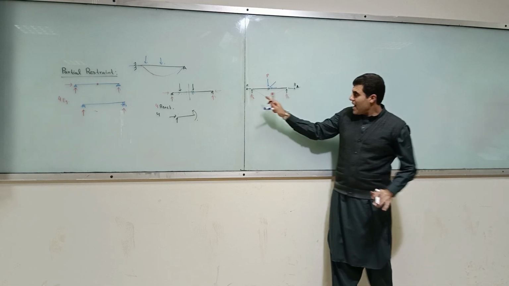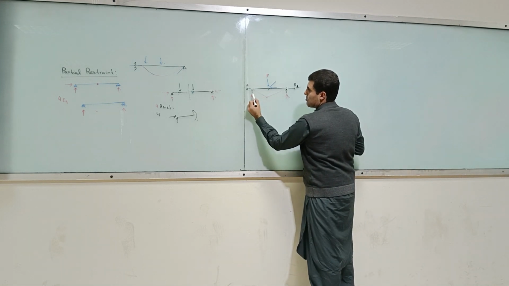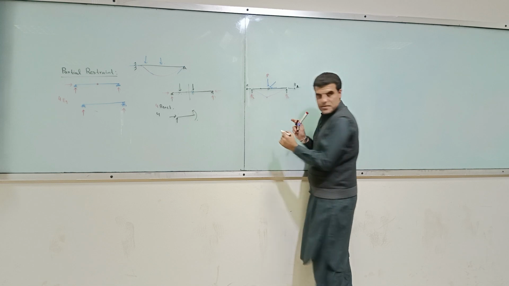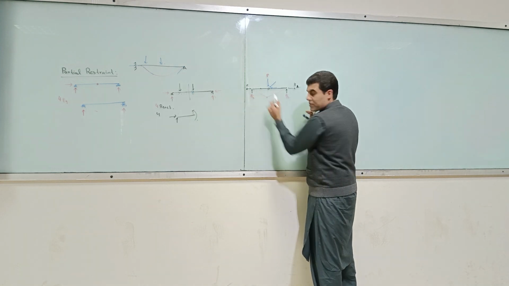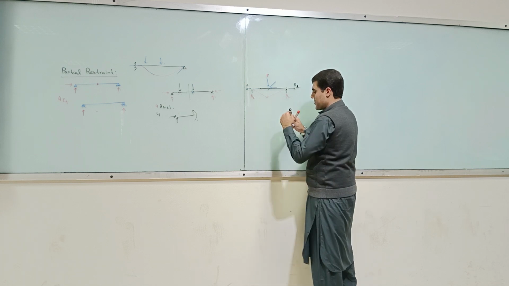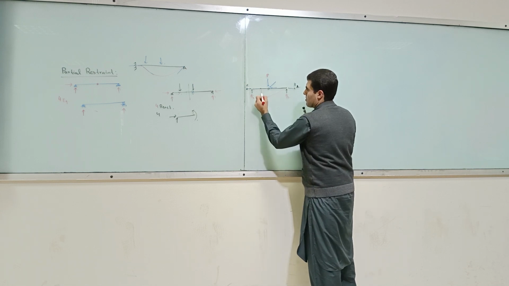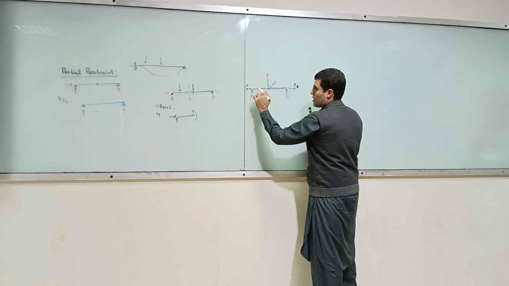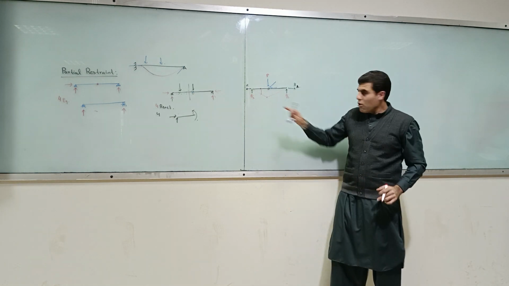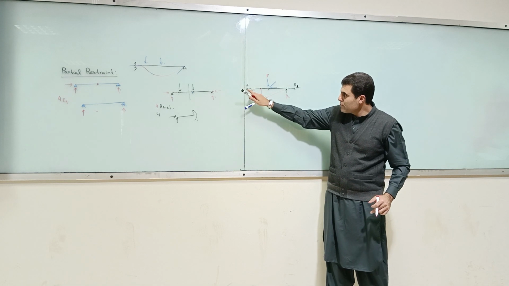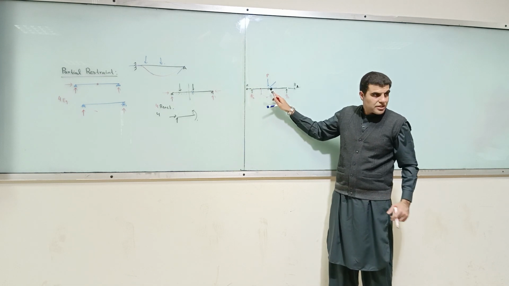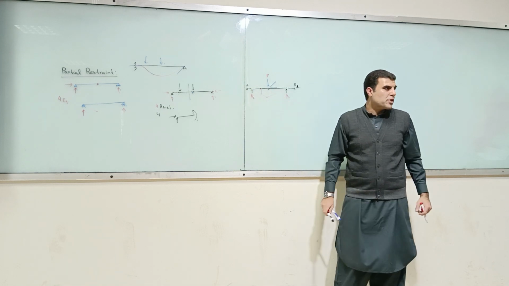Now, P by 2 times this, minus R1 times this distance. So there will be a moment generated by this, but that will be counteracted by this reaction. And it will become 0 when you come over here.